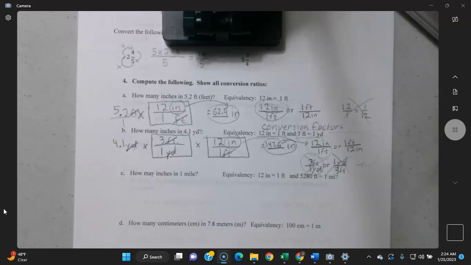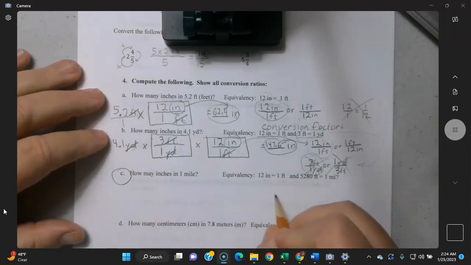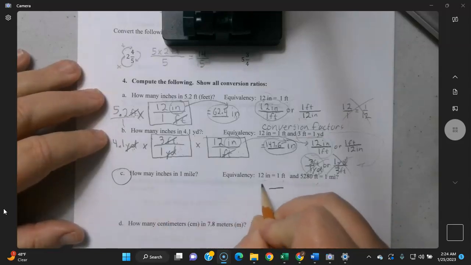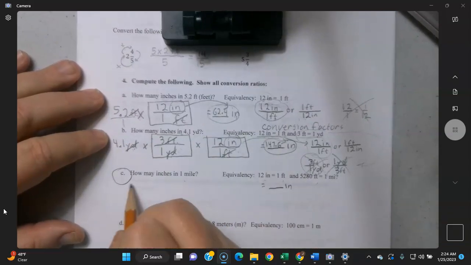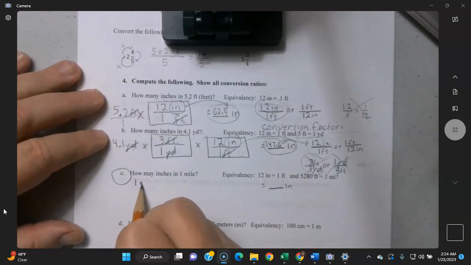Okay? All right, I want you to do this one on your own. It's the same concept, except now it's inches, feet, and miles. It's asking how many inches in 1 mile. Okay? And I want you to do that one on your own. I'll get you set up. We're trying to find some number of inches in 1 mile. So we come over here in 1 mi.